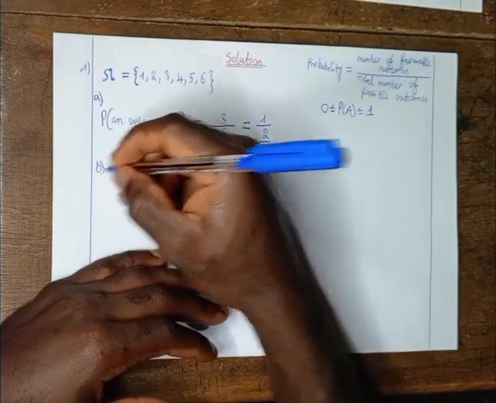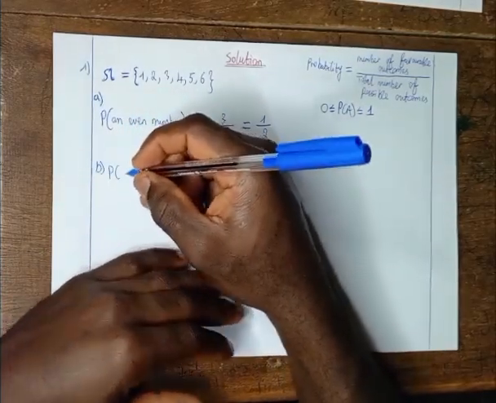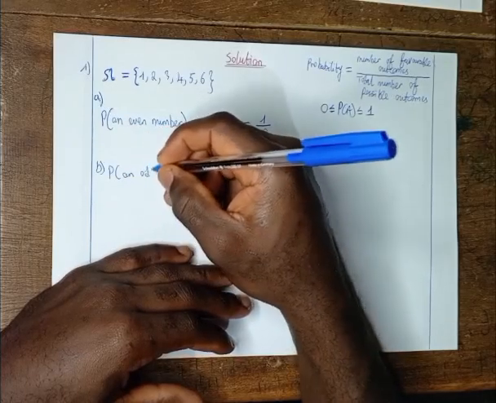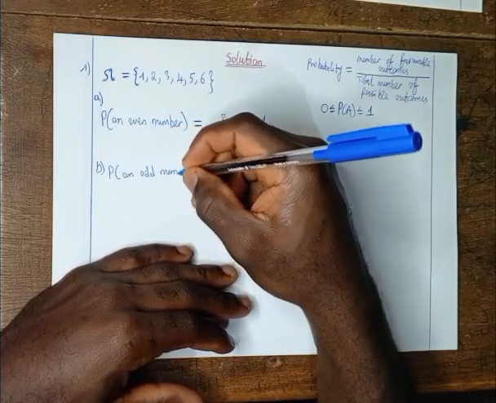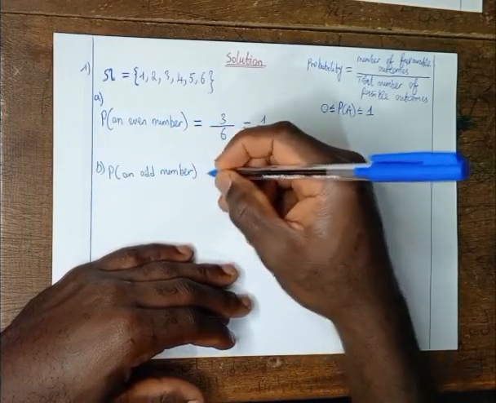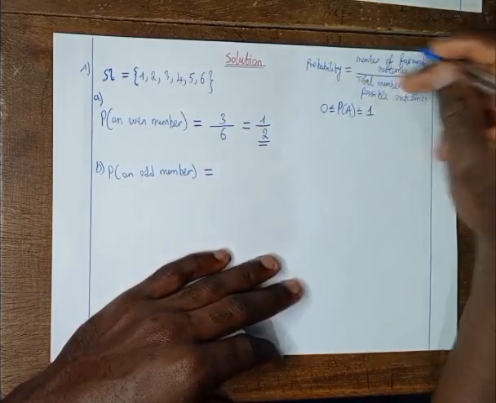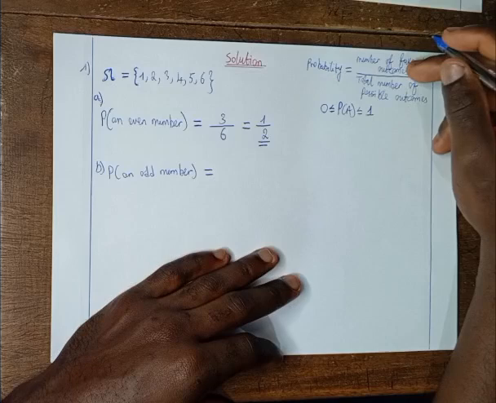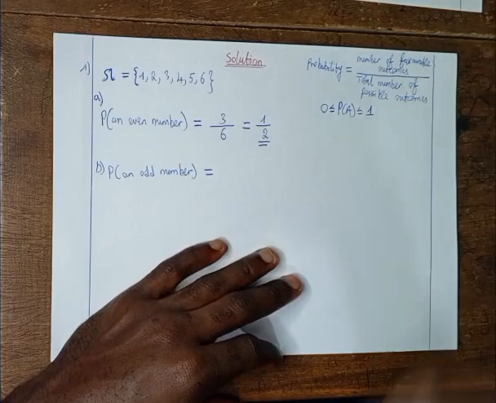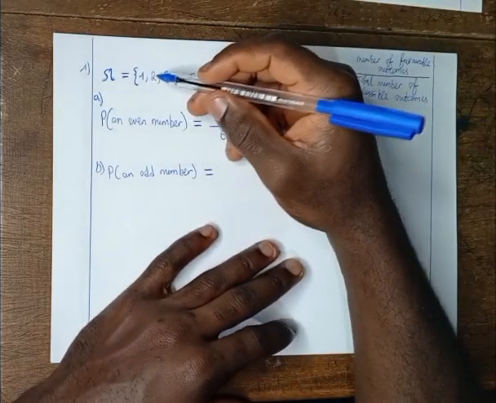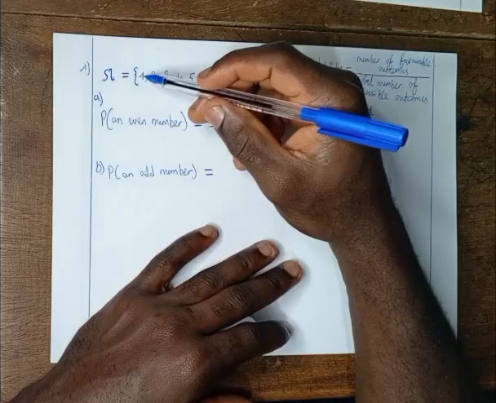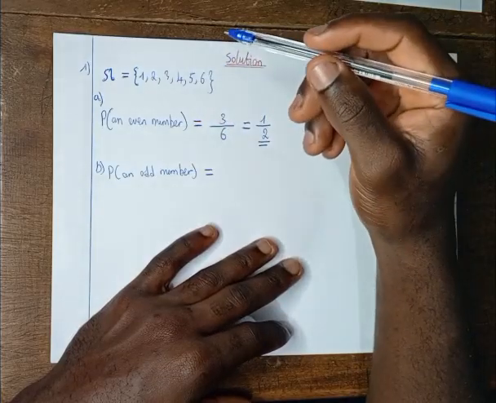For B, we need the probability of getting an odd number. We are going to make use of our formula again. Number of favorable outcomes. That means we are going to count the number of odd numbers in the sample space.